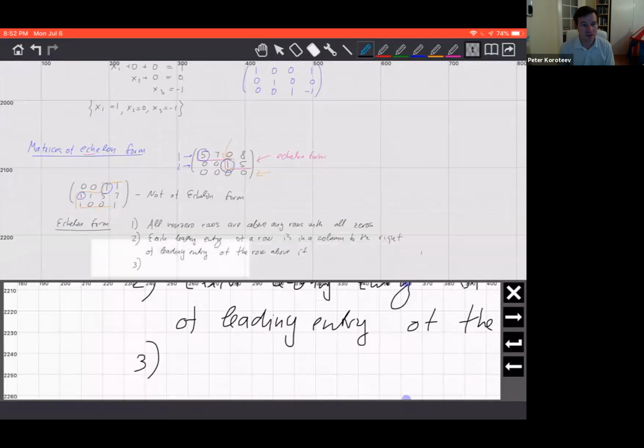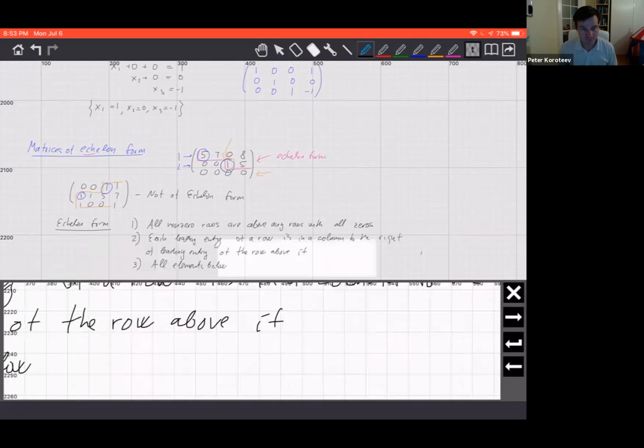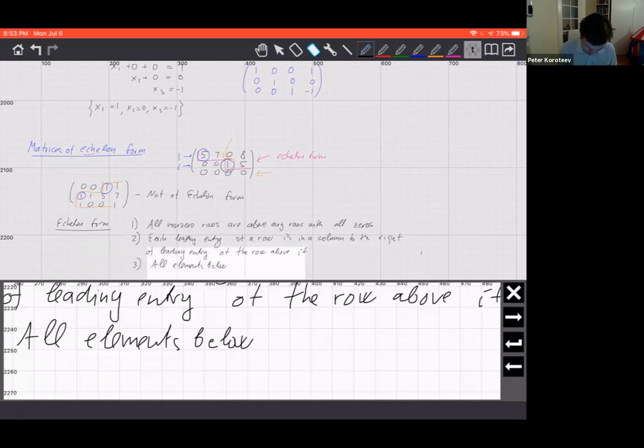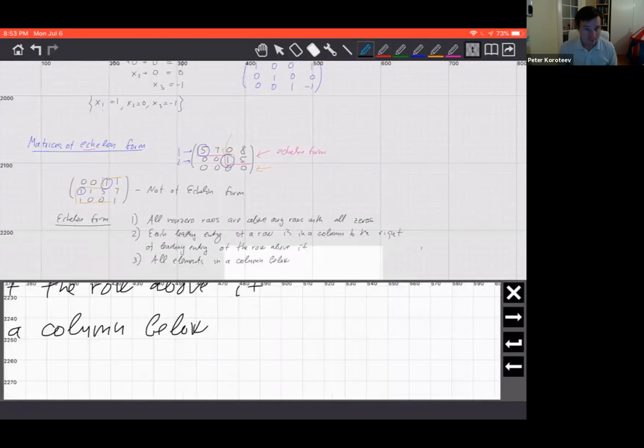Rule number 3, all entries in a column below a leading entry are zeros. All elements in a column below a leading entry are zeros.